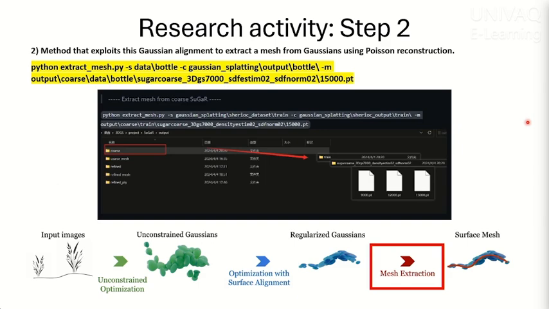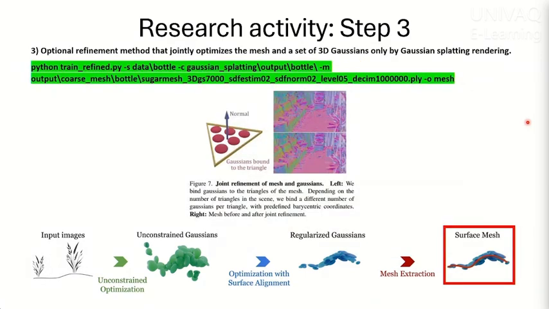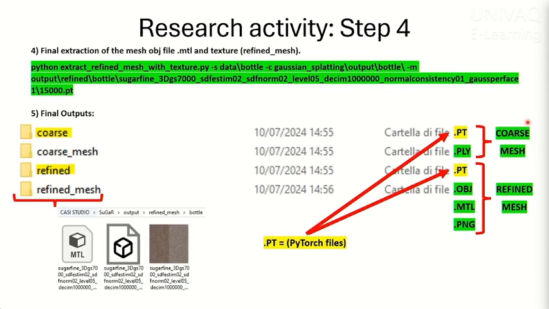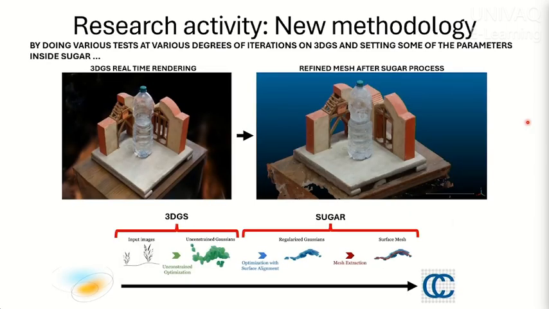The second step is the extraction of a coarse mesh using Poisson reconstruction. The third step is an optional joint refinement of mesh and 3D Gaussian rendering. The final step is the optimization and the final output extraction.